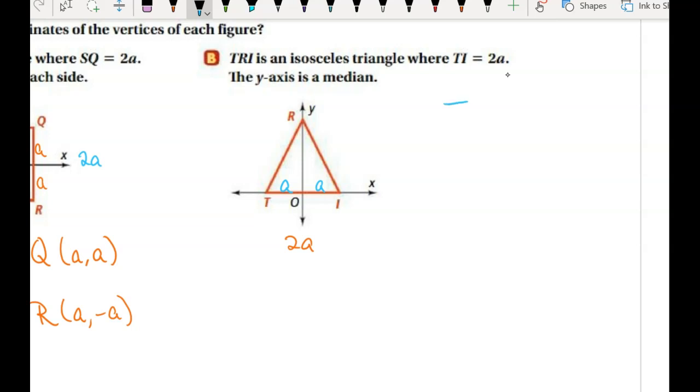So let's write down the coordinates for point T. So we go to the left, so it's going to be negative a. Do we leave the x-axis? Nope.